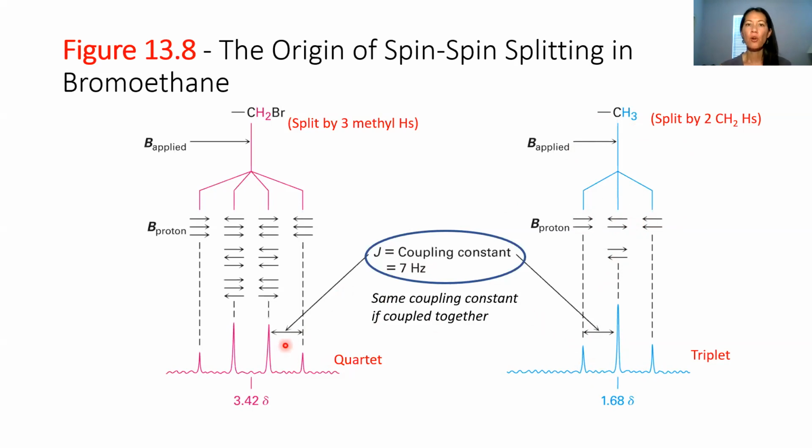Those guys are coupled together and cause each other to split. So we call that a coupling constant. It's given a J value, and it should be 7 for each of those because they were coupled together. Okay, that's useful, especially if you're not sure if certain H's are next to each other. You can actually analyze the proton NMR spectra, notice, oh, these 2 peaks have identical coupling constants, they must be next to each other.